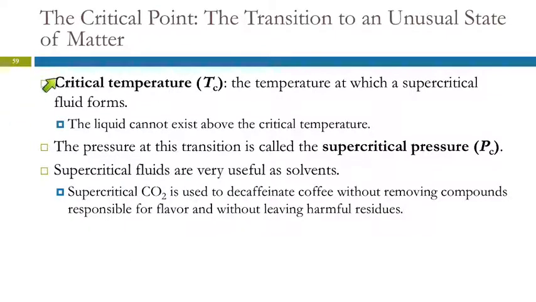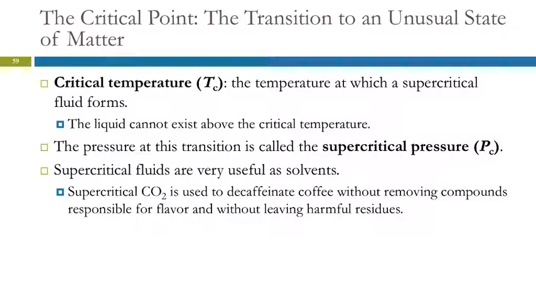So that critical temperature is the temperature at which the supercritical fluid forms. Above that temperature, and it's going to be different for different substances, a liquid cannot exist. So the supercritical temperature for water is obviously above 100 degrees Celsius. I don't know what it is off the top of my head. But it's a high temperature.